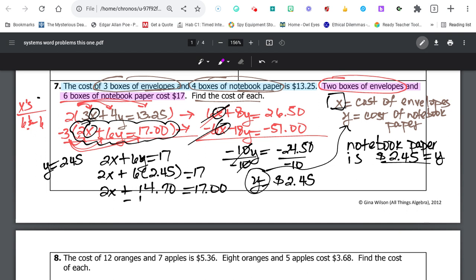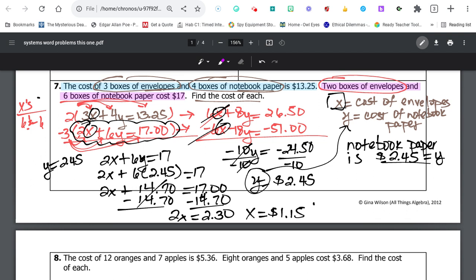Then I'm going to subtract 14.70 from both sides. So 2X equals $2.30. And when you divide both of those by 2, you get an X. Half of 2.30 is $1.15.